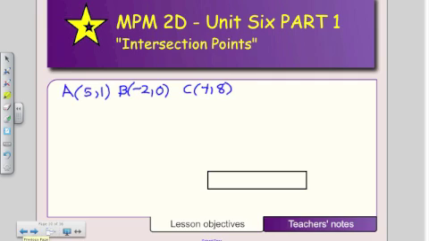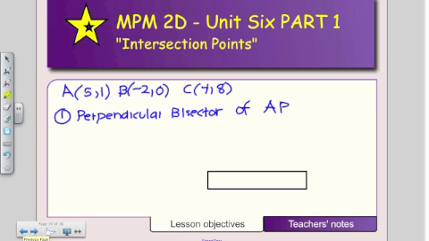Now, first of all, we're going to come up with the perpendicular, or right, bisector equation of AB. So I'm only looking at my points A and B right now. Okay, so I'm going to follow the steps that you wrote down before.